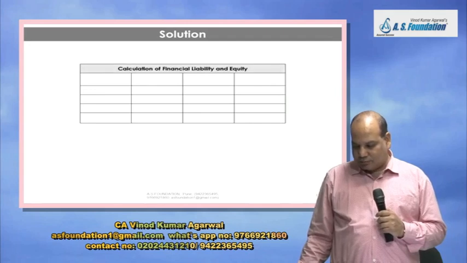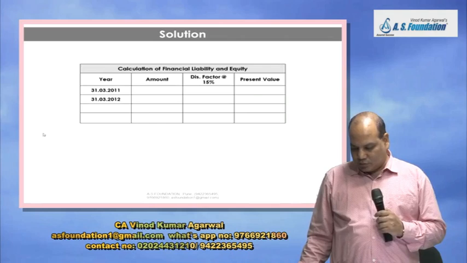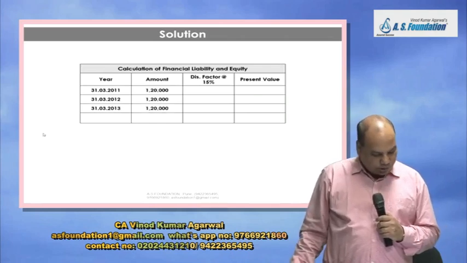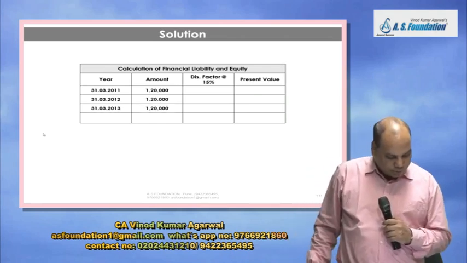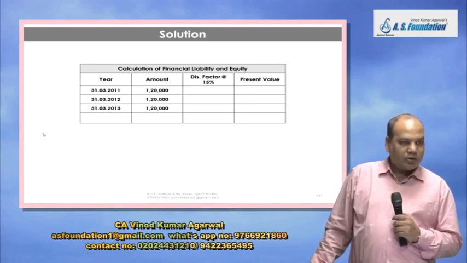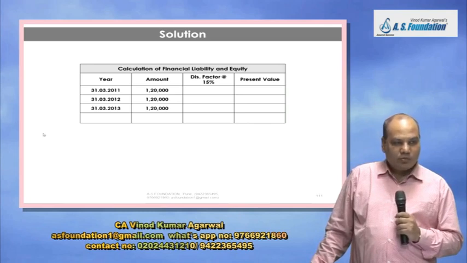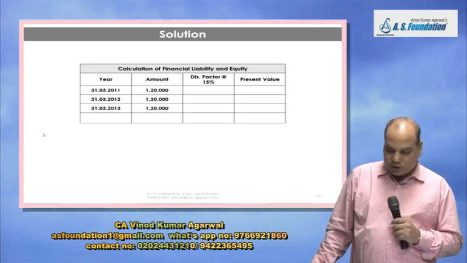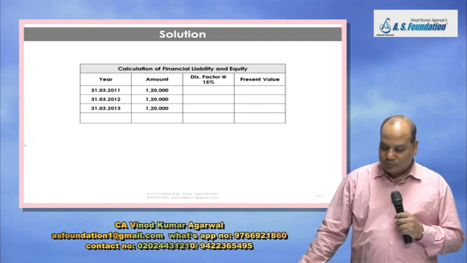Check the answer. First, 1,20,000, 1,20,000, you have written 3 times. Is it a mandatory conversion or an optionally convertible debenture? Mandatory. These are to be converted into equity shares.